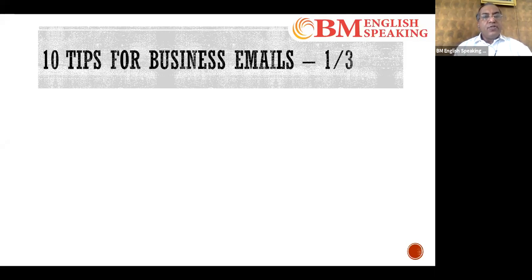But let me ask you another question. When you want to write an email, do a phone call, or personally meet the person whom you want to communicate to, how will you decide? And yes, the answer is it depends on the kind of urgency. If the message is extremely urgent, you'll meet them personally.